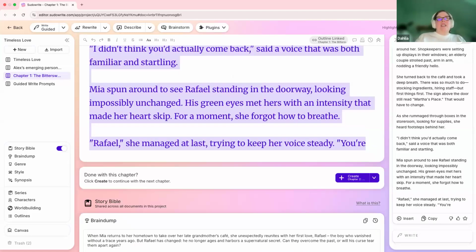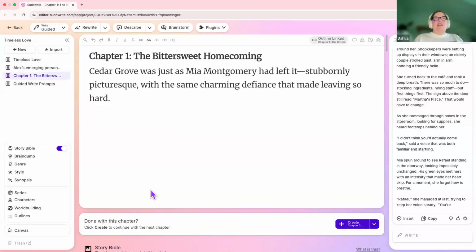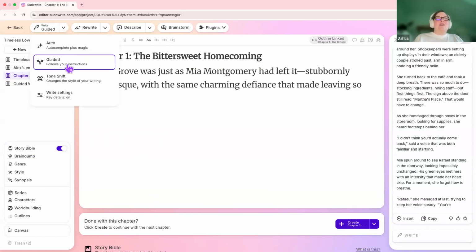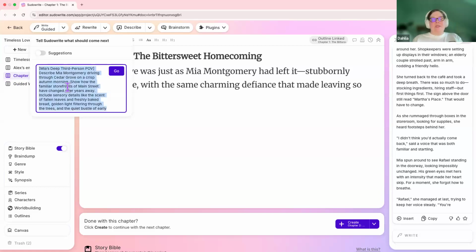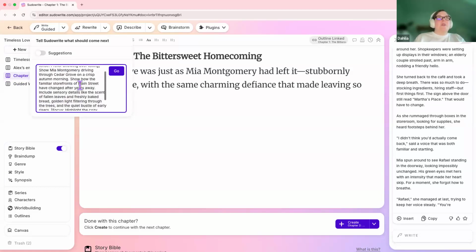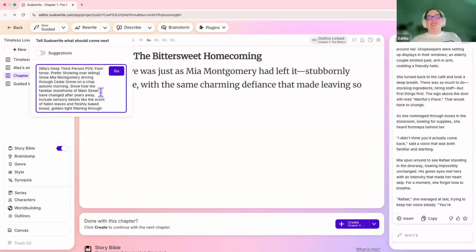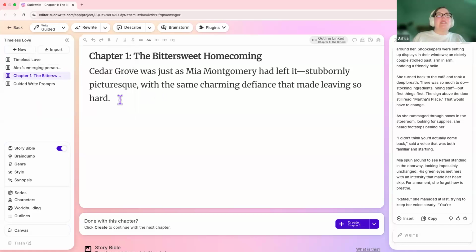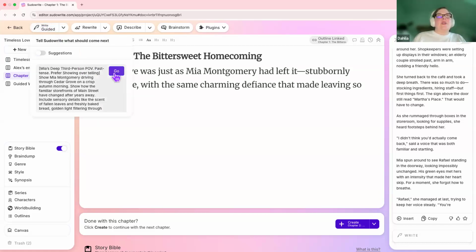So let's experiment a bit with what works best for Muse. This is the workshop portion of this class, so some things aren't always working as intended. Let's see. Go.